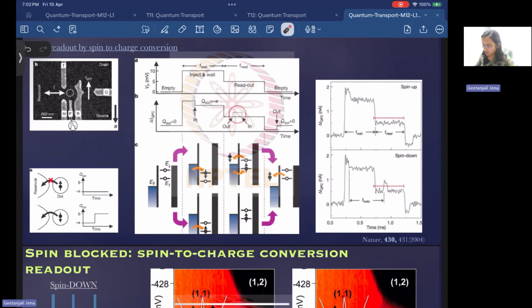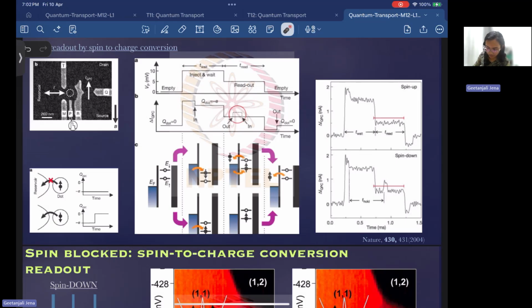We can see it here. Either the electron can occupy the spin down state or it can occupy the spin up state. Because of this electron tunneling event, we can see a change in the current in the QPC region for this increase in the gate voltage.